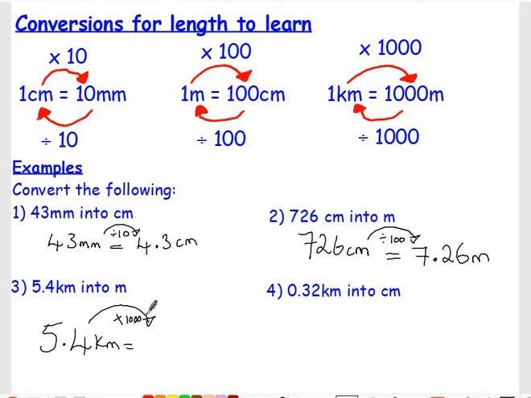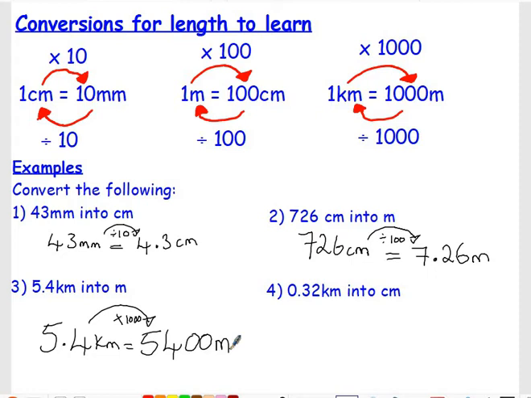So when we times by 1,000, each digit moves 3 places to the left. So 5 is going to go from our units to our tens, to our hundreds, to our thousands, and the 4 is going to follow to our units, to our tens, to our hundreds. So we end up with 5,400 metres.